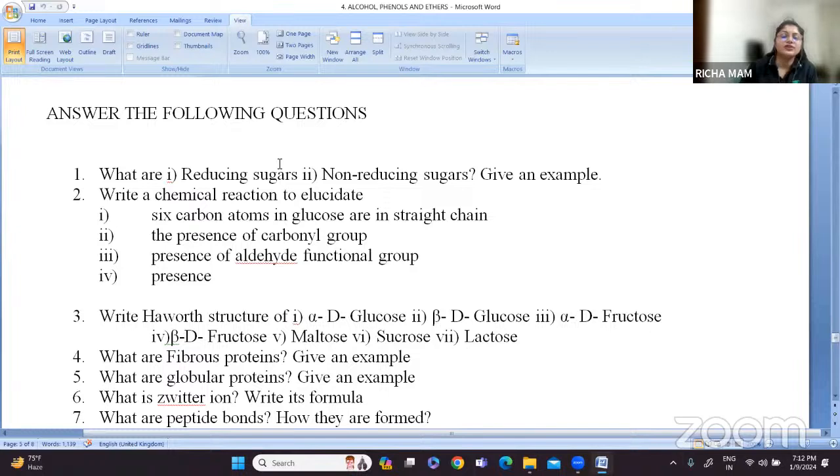The first question is: what are reducing sugars? What are non-reducing sugars? You have to give an example of each.